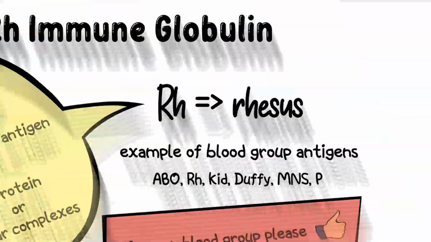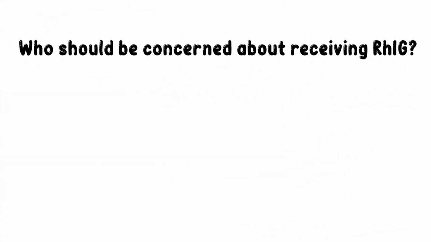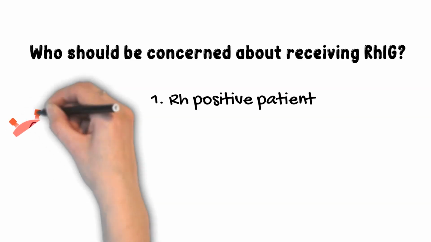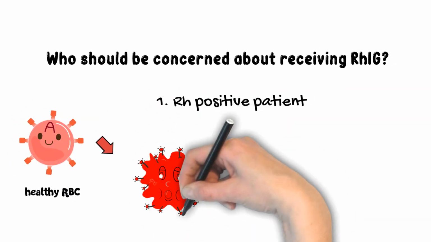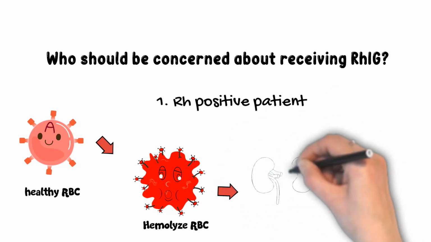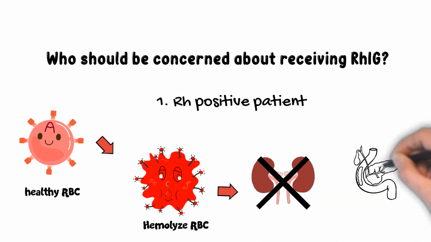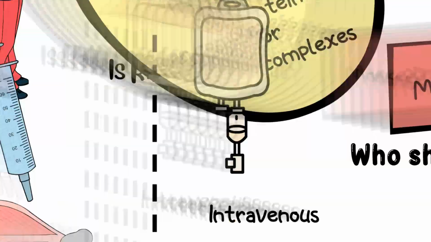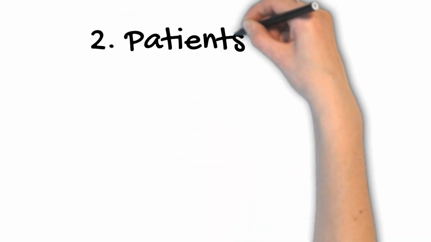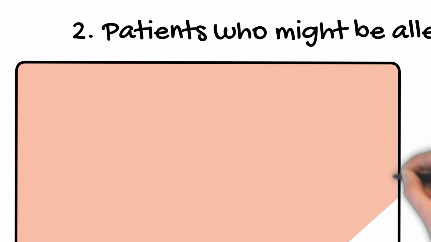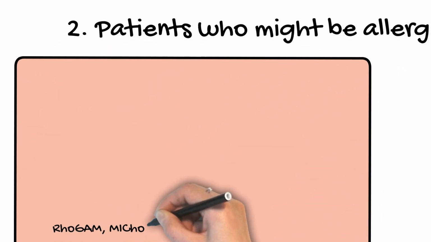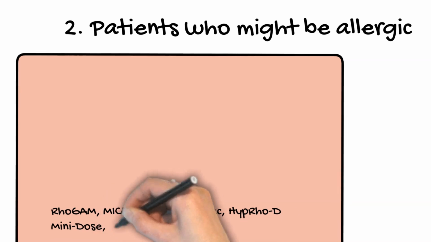Who should be concerned about receiving RhIG? Rh can cause intravascular hemolysis in Rh-positive patients, which can lead to anemia and multiple system organ failure. Patients who have a history of allergic reaction to RhIG. Keep in mind that RhIG is like any other medication. There are many different types and brands that develop this medicine.